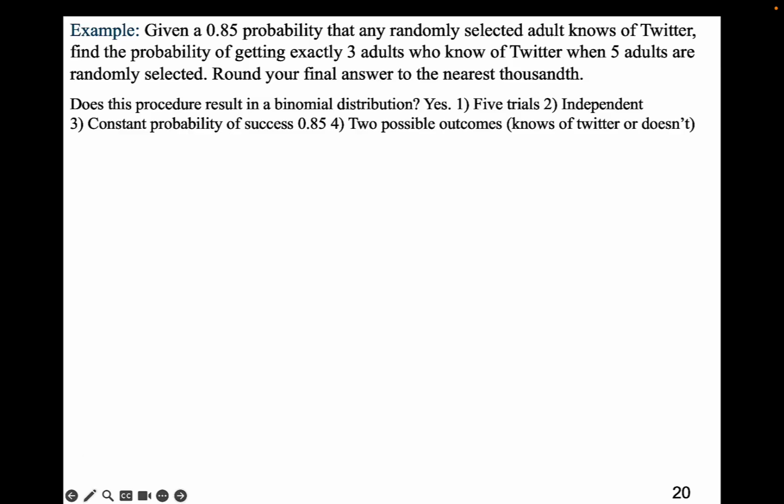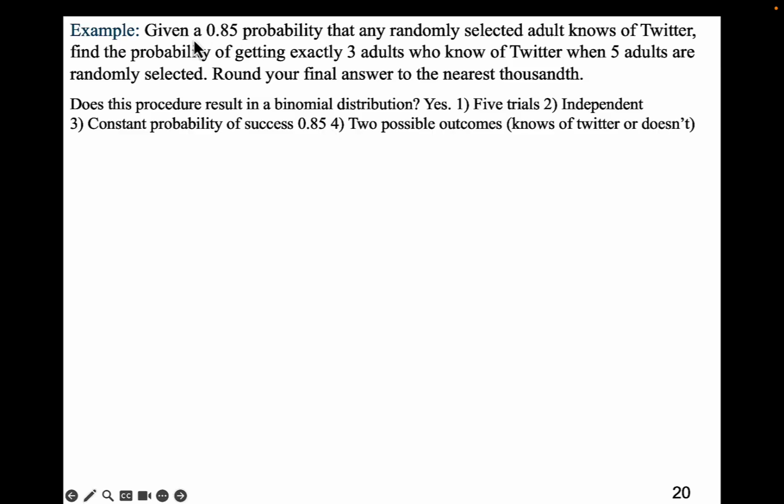All right, first we got to think, does this procedure result in a binomial distribution? The answer is yes. Check all the conditions. 1, there's a finite number of trials. It's 5. 2, each trial is independent of the other. One person's knowledge of Twitter would not affect the next person's. 3, constant probability of success, which is 0.85.